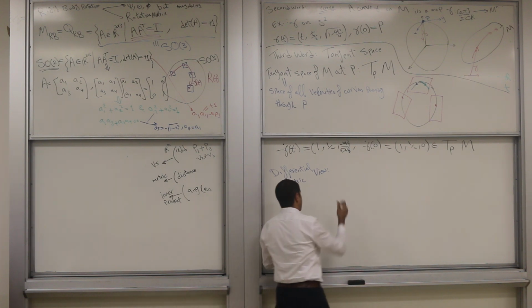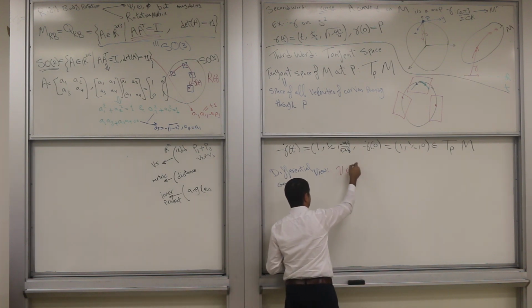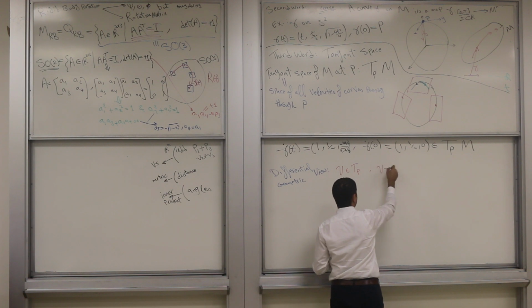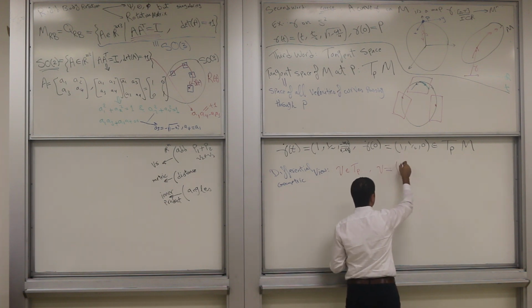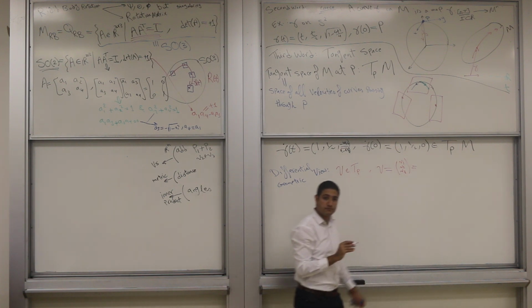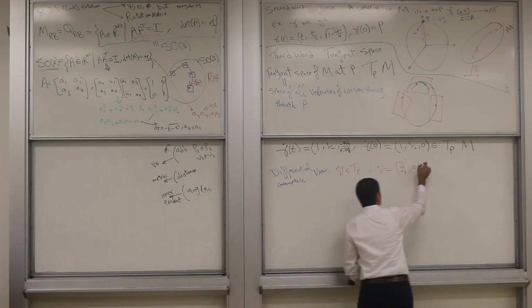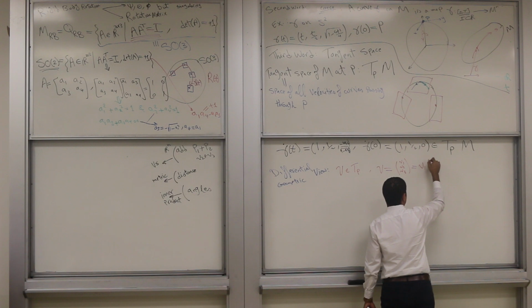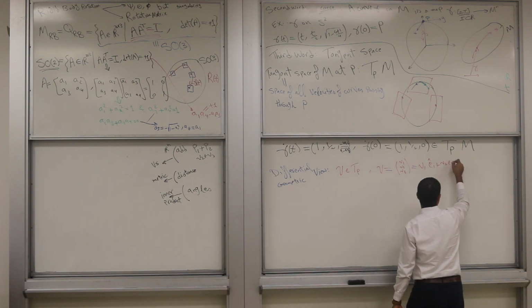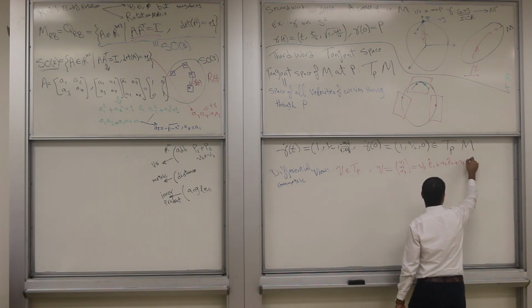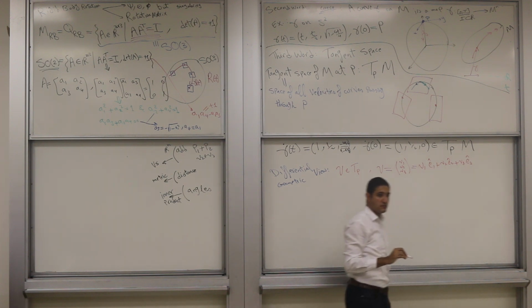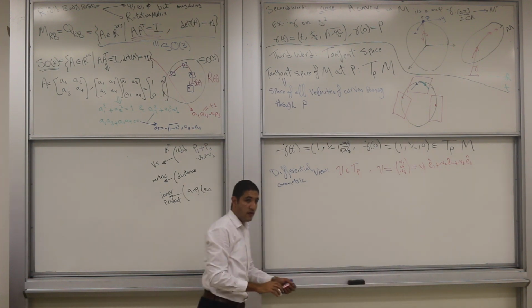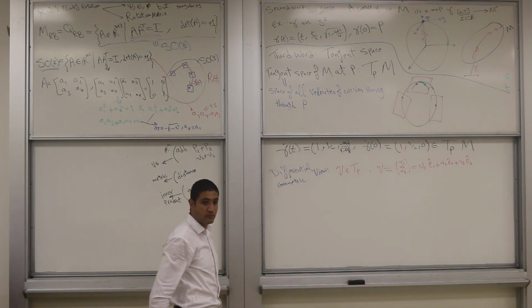When you have a V in the tangent space, V is like this maybe, or V1, V2, V3. Okay? Well, we write them in bases, V1, E1, V2, E2, and V3, E3, okay? Any questions so far?